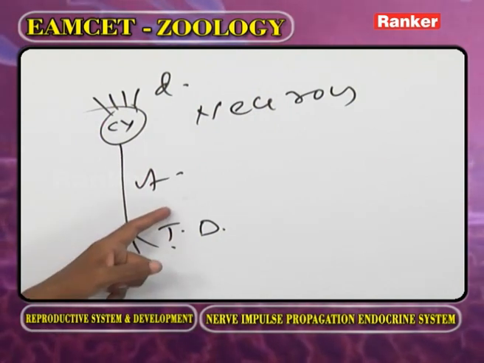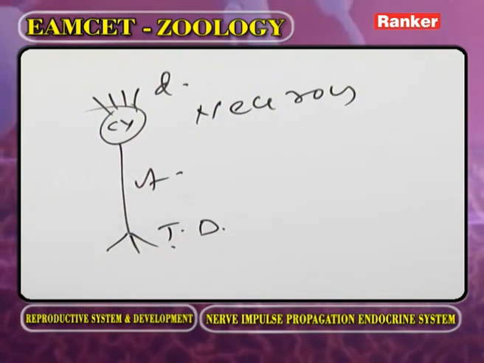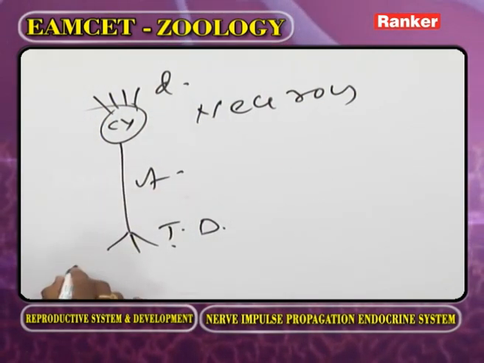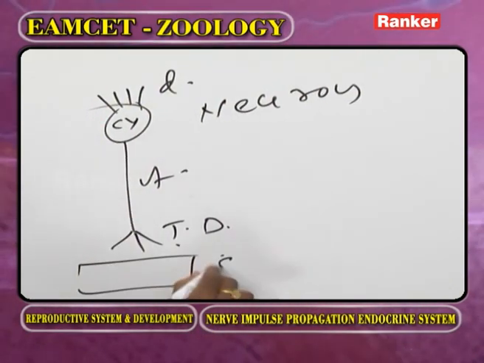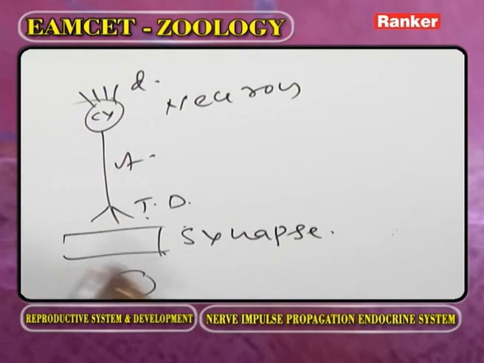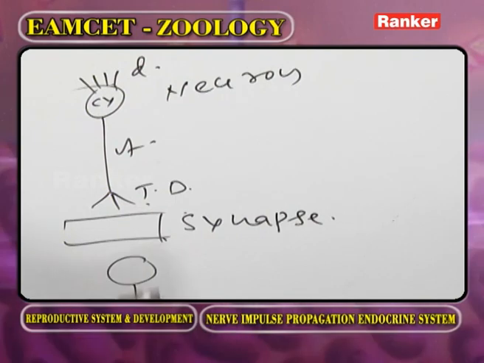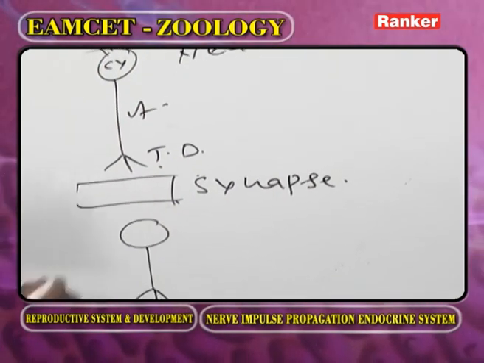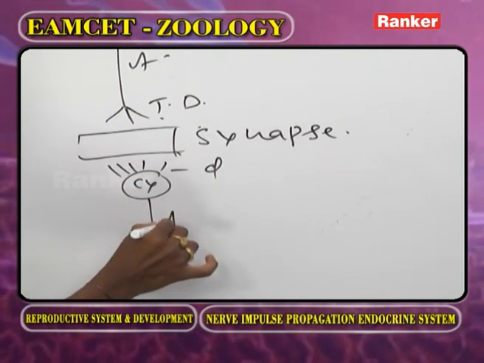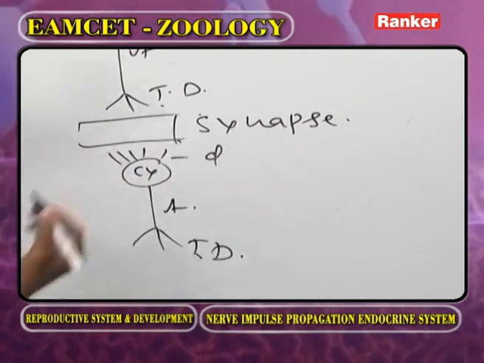We are using the short words: dendron, cyton, axon, teledendron. Now this one we call SY, synapse, and this is another neuron. Like that the neurons are arranged.